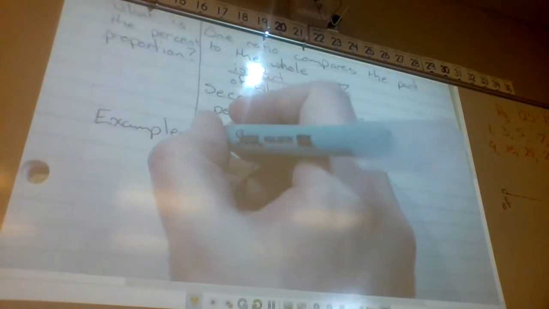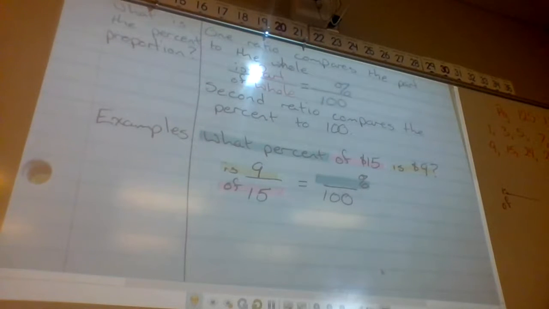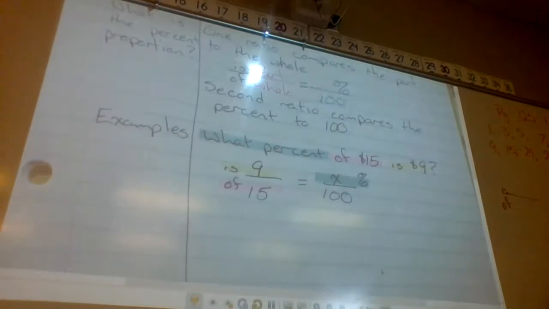It says what percent. Because it's asking what percent, that means we don't know it. So what goes in a spot where we don't know the number? If I don't know how old you are, I'm not going to say you're 1 year old. What goes in there if we don't know what number? An X. That variable, put that X. We don't know what it is, so instead of a question mark, put the variable.